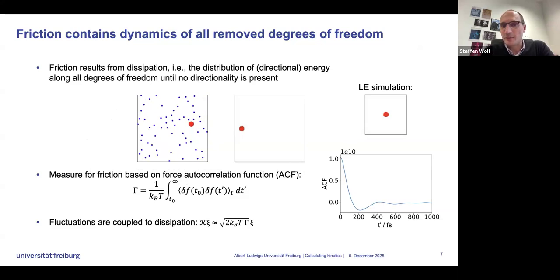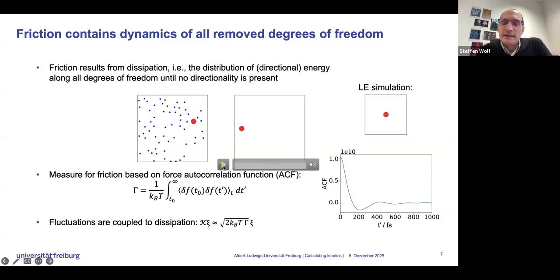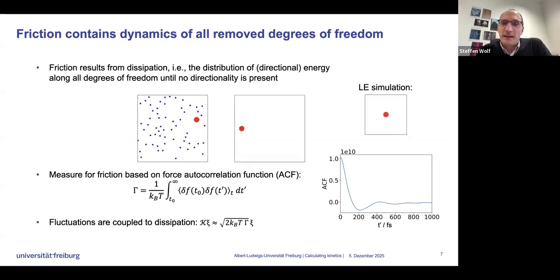This is now a fully atomistic simulation. And I'm now going to show you the same picture on the right here. It's exactly the same simulation, but I'm going to remove the blue particles. And what you will see is that the red particle only in the beginning slows down and then in the end starts to wiggle apparently chaotically or randomly.